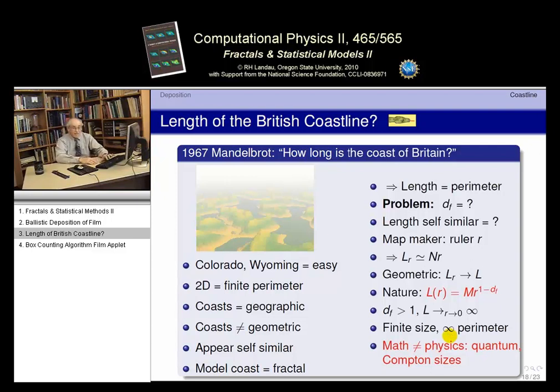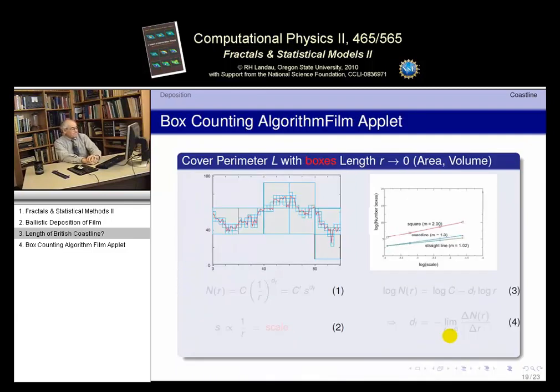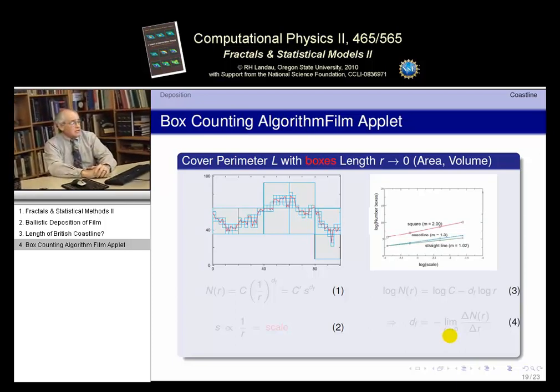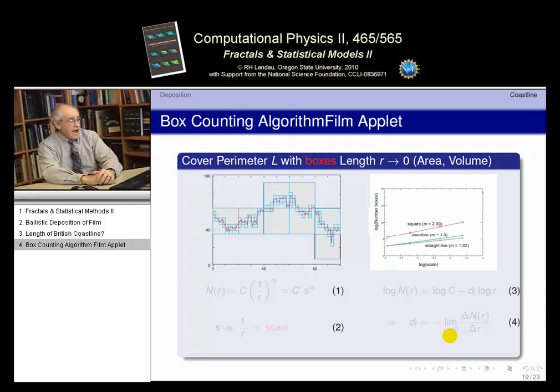But it's a good question. It's worth thinking about. So let's do the experiment. Okay? So here, slide 19, let's do some measurements, and we'll do a box counting measurement to determine a fractal dimension. So look at this slide a second. And this is the exercise we want you to repeat. It's a very nice exercise. We even have a code, an applet that does this for you. You could look at it.